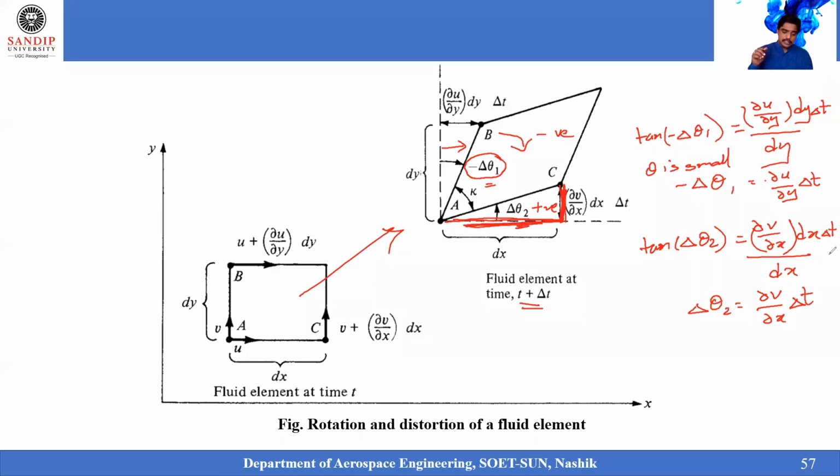Now you might still not be clear about what exactly this time instant is, and why the delta t has been multiplied here. Let us look at the velocity definition: velocity is displacement by time.